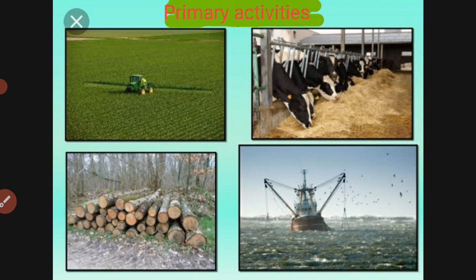Because from these activities, we get the raw material which is sent into factories for turning them into finished goods. So the primary activities still provide food and raw materials, without which advanced societies also cannot survive and progress.